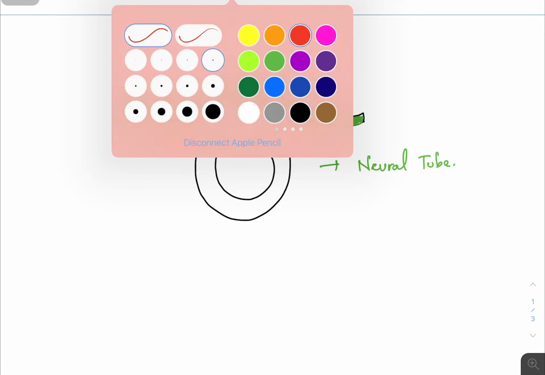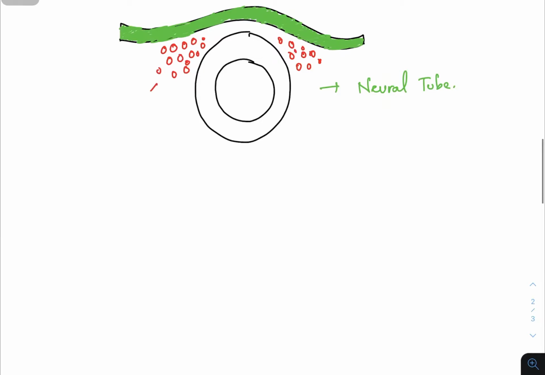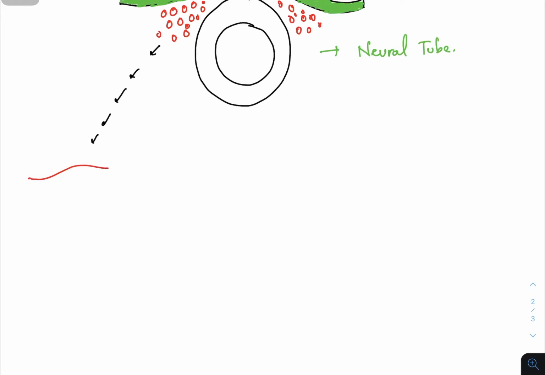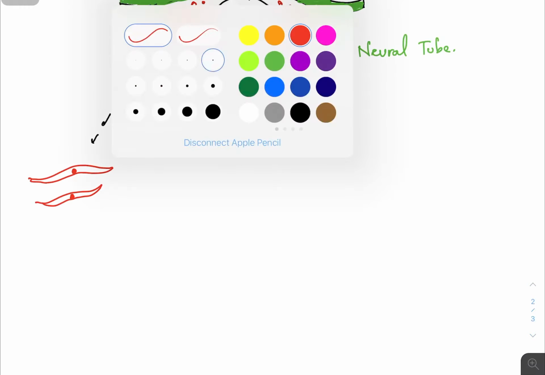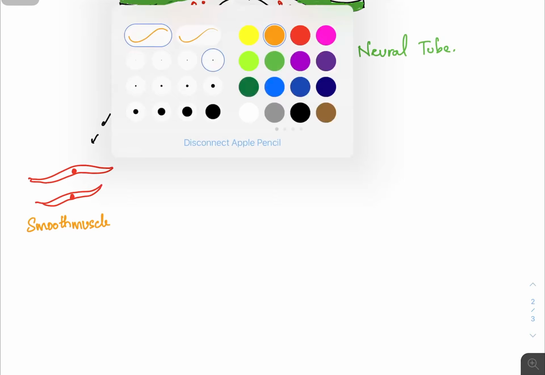Now why are these neural crest cells so important? Some of these neural crest cells slowly migrate, and they form your smooth muscle. Okay, some of them form your smooth muscle.